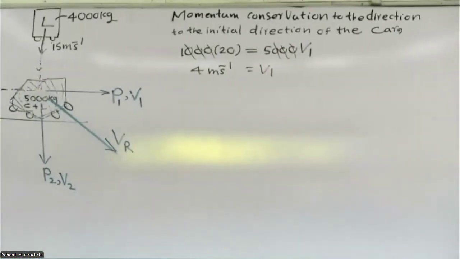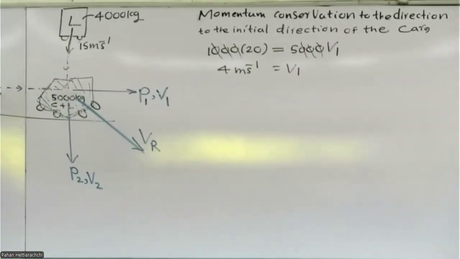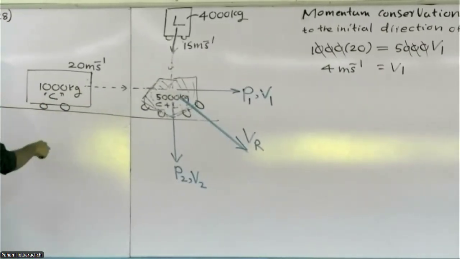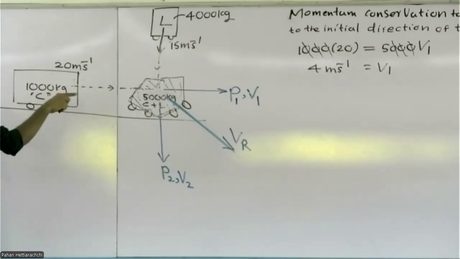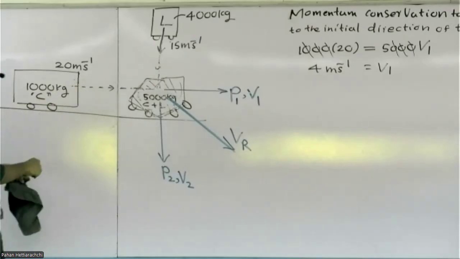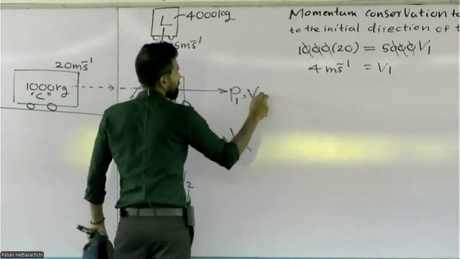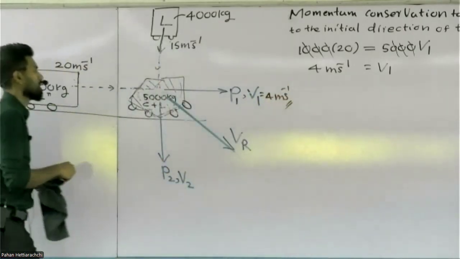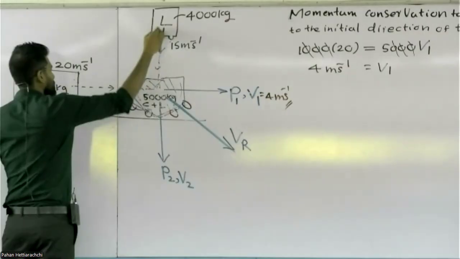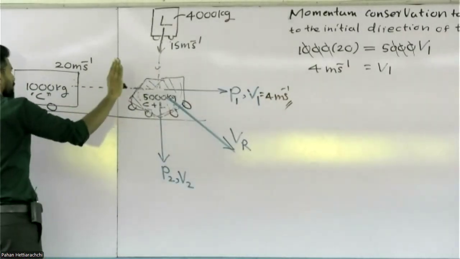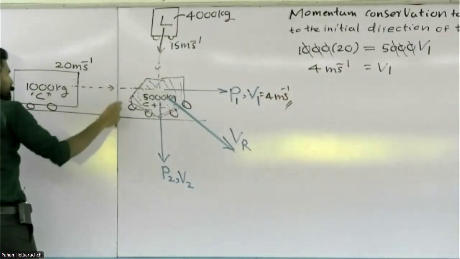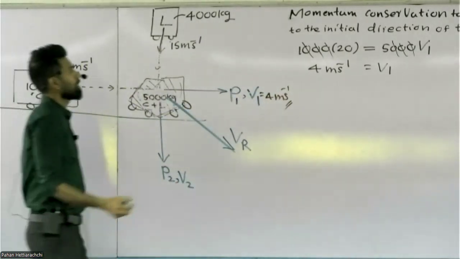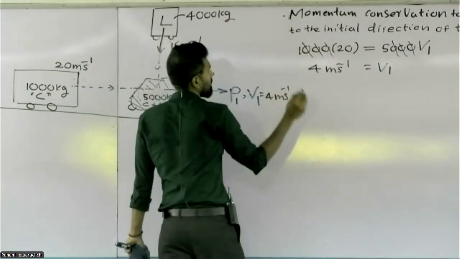Now, to conserve the momentum which was inside the car at the beginning, this 5000 kg vehicle combination will receive 4 meters per second velocity in the direction where the car was moving. Why? The lorry's direction is perpendicular to that, so it's not affecting. 1000 into 20 equals 5000 into V1. Okay?